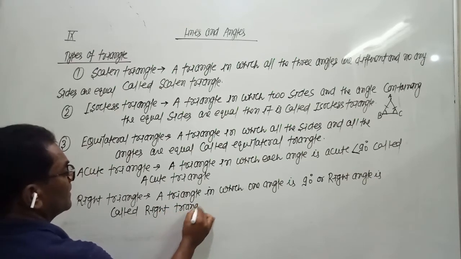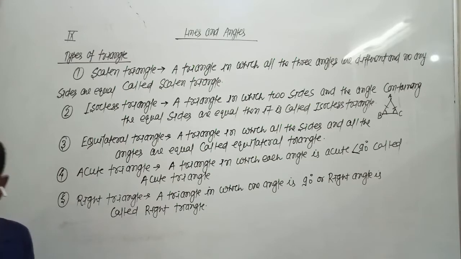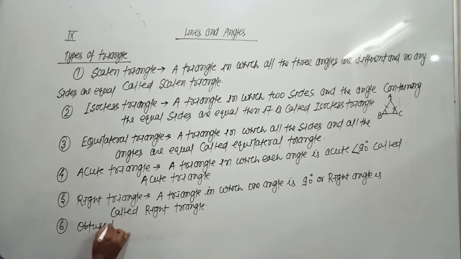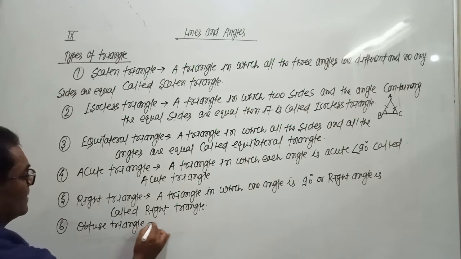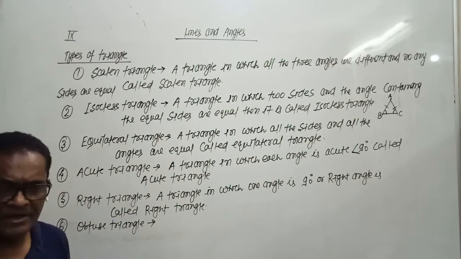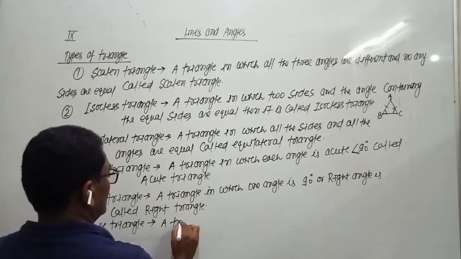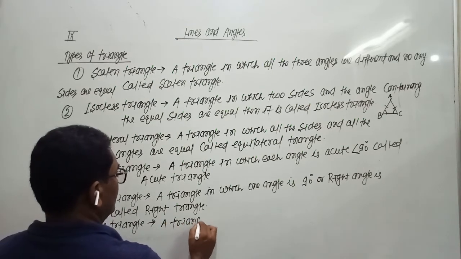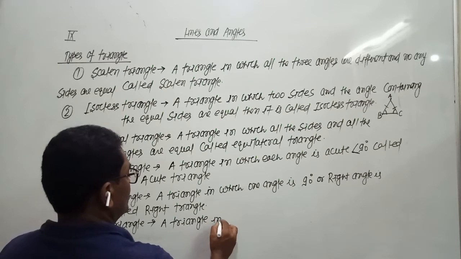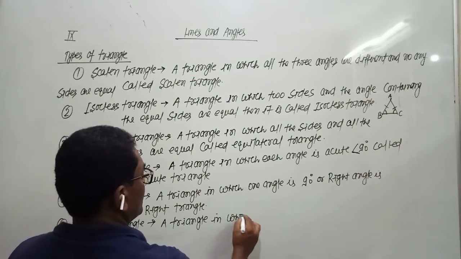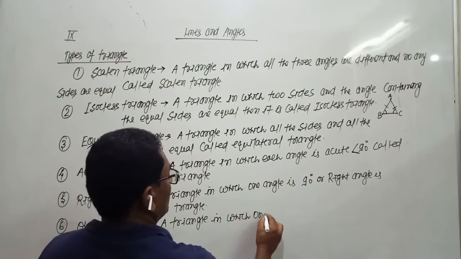And the next is obtuse triangle. A triangle in which one angle is obtuse.